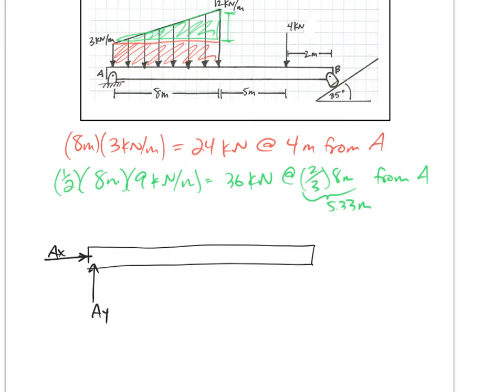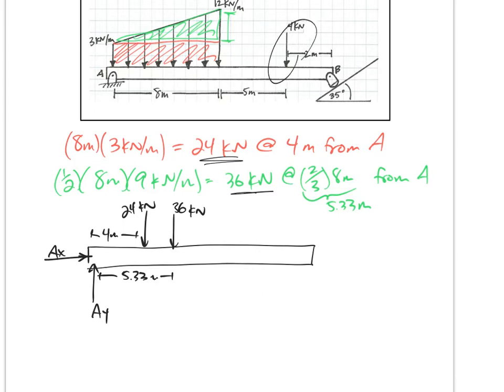Then let me take those distributed loads and replace those with forces. 24 kilonewton force 4 meters from A. So 24 kilonewtons right there, 4 meters from A, and a 36 kilonewton force, 5.33 meters from A. All right, and then I still have that 4 kilonewton force right here.